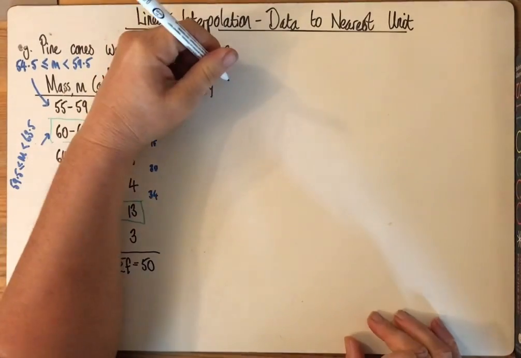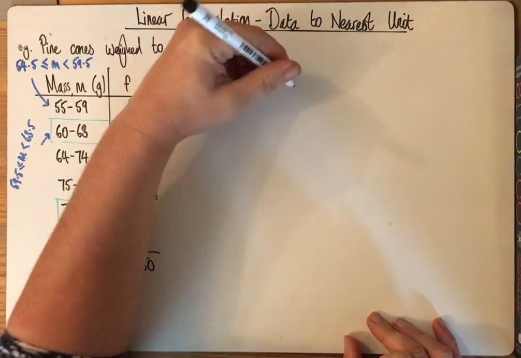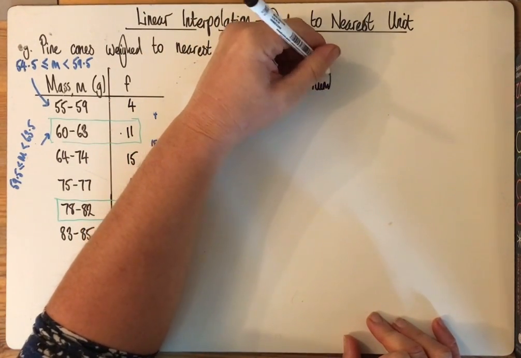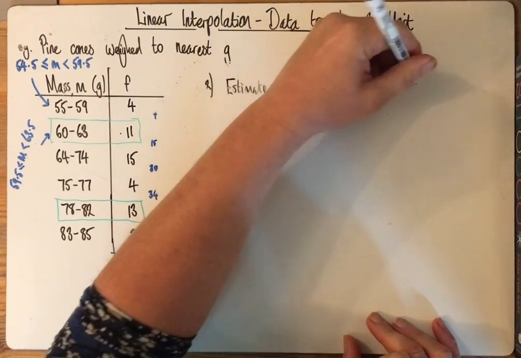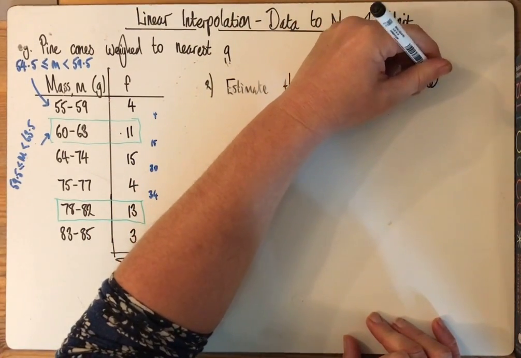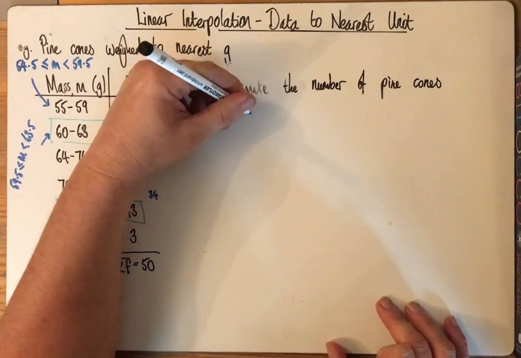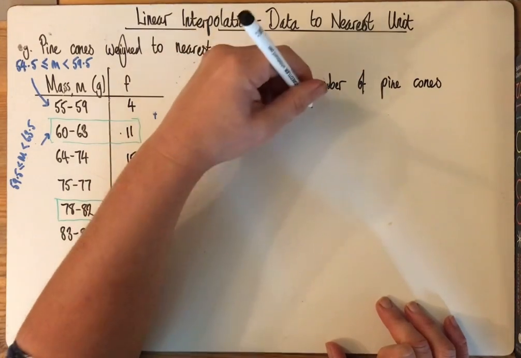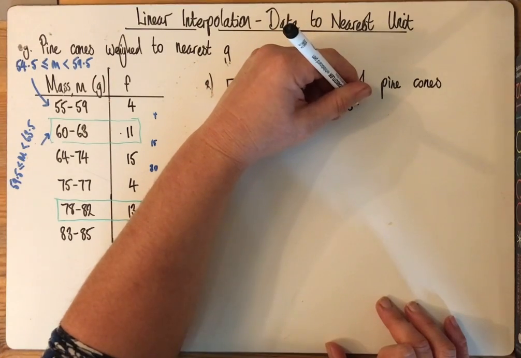Right, so the second question is we can estimate the number of pine cones which weigh over 66 grams.